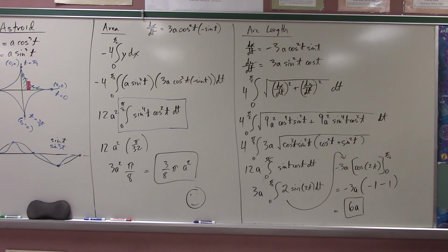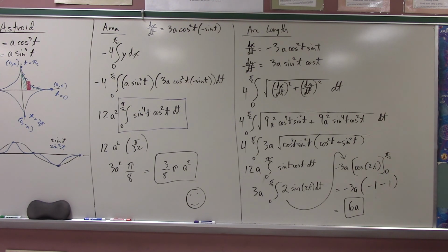Cool. So that means that the arc length, the length around an asteroid, is 6 times the radius of that asteroid. And actually, it's pretty close to a circle, right?